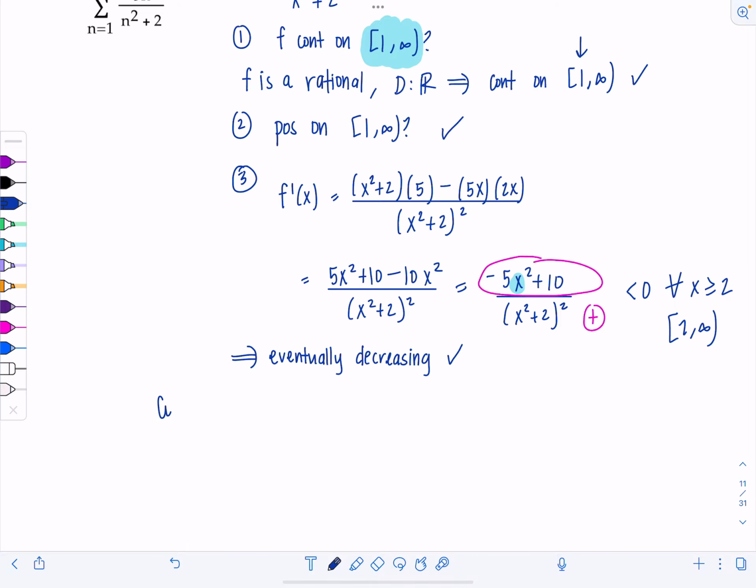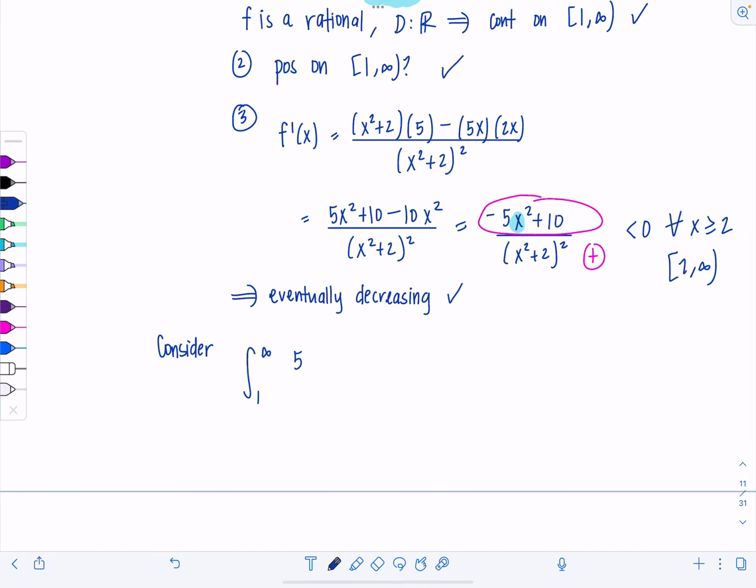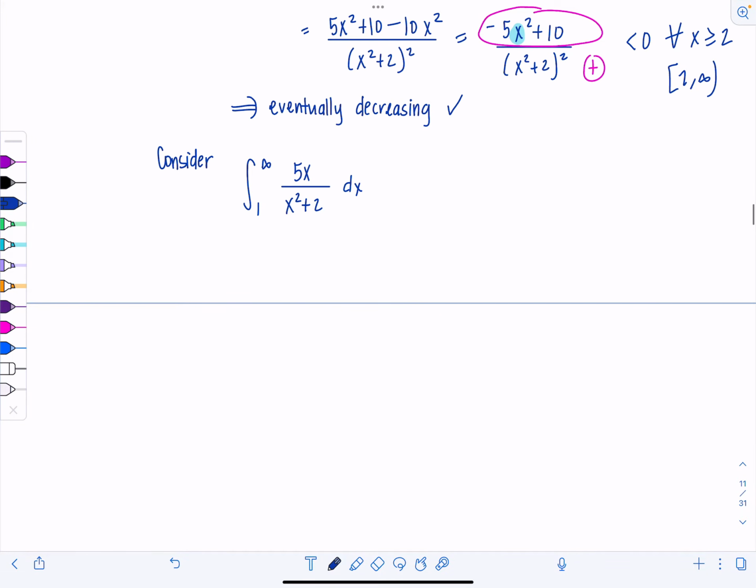So now we're going to consider the improper integral from 1 to infinity of 5x over x squared plus 2 dx. And then hopefully you remember improper integrals. You learned them this semester. First thing, replace the infinity with a t, and we're going to take the limit as t goes to infinity of the integral from 1 to t of 5x over x squared plus 2 dx.